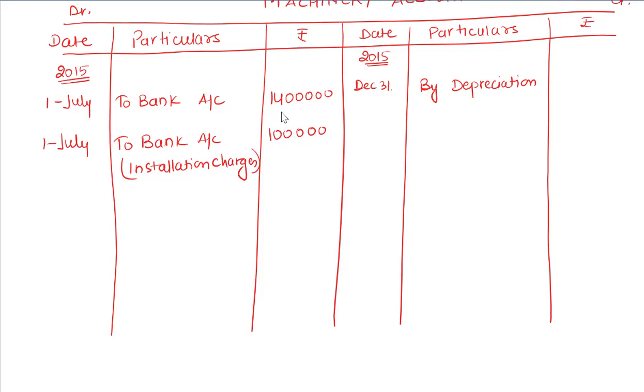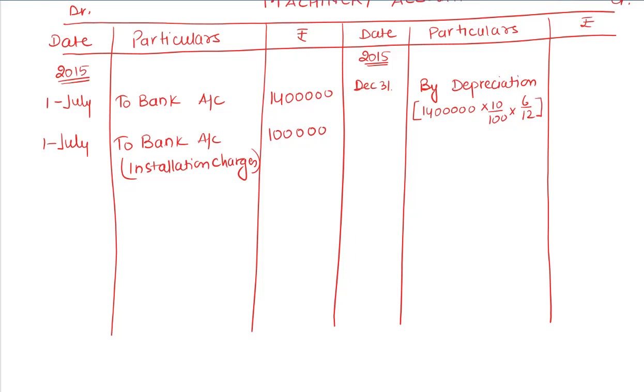So over here in this question, the depreciation is to be calculated on 15 lakhs multiplied by 10% for the whole year. So depreciation needs to be calculated at the rate of 10%. So 14 lakhs multiplied by 10% for 6 months, that is 6 by 12.